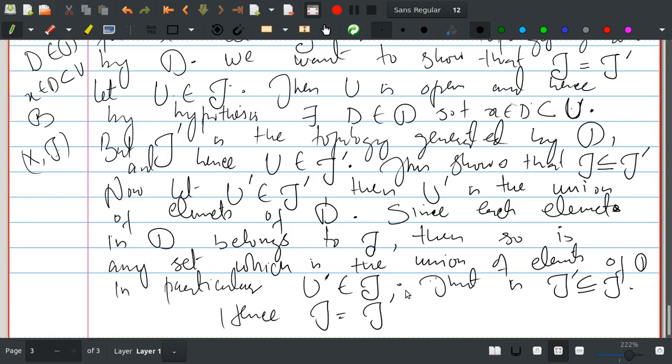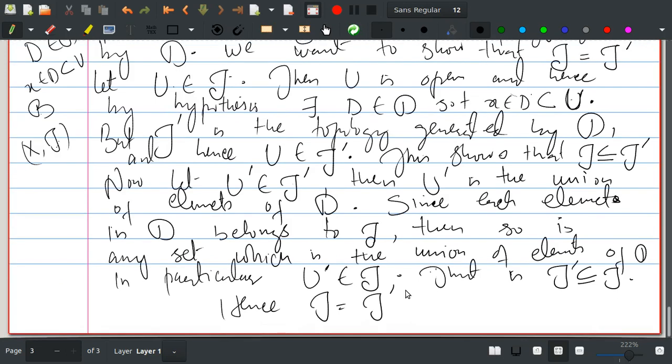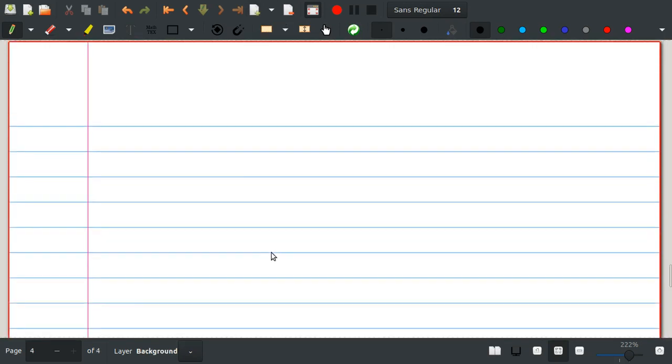Now when topologies are given by bases, it is useful to have a criterion in terms of bases for determining whether one topology is finer than another. One such criterion is as follows. We have this lemma here. Let X be any set.